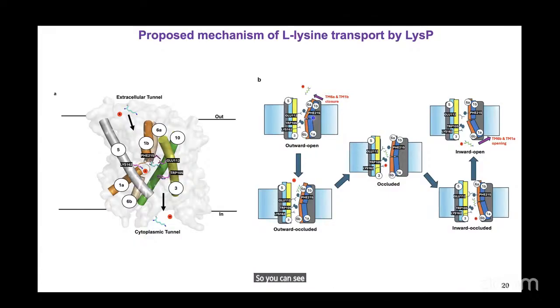You can see here it's broken in the middle. And once the transporter recognizes the lysine, you can see here this 1B and 6A is open. And once it binds, then this closes. Once this closes, 6B and 1A opens, as you can see here in the inward open. And then it releases the amino acid into the cytosol.